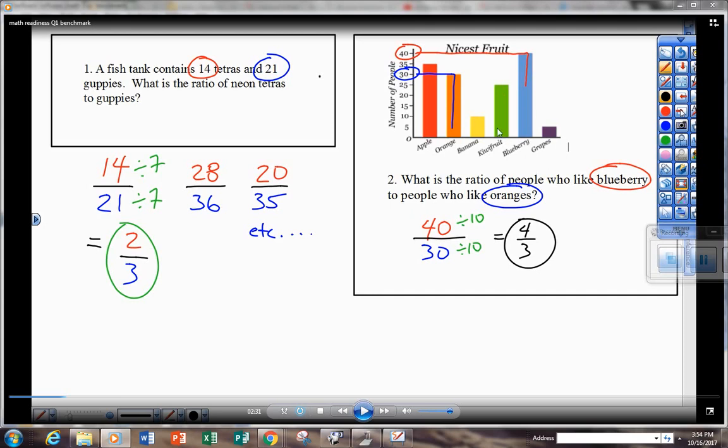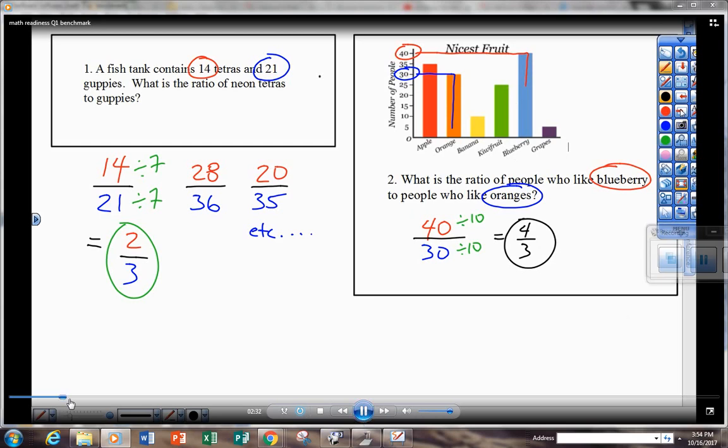So again, first problem on the paper to prove to me that you've watched this is, what is the ratio of people who like kiwi fruit to people who like blueberry? I want to know that ratio. So 25 to 40. Alright, let's keep going.